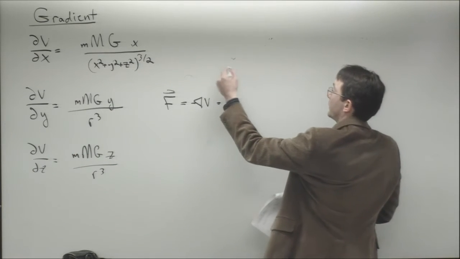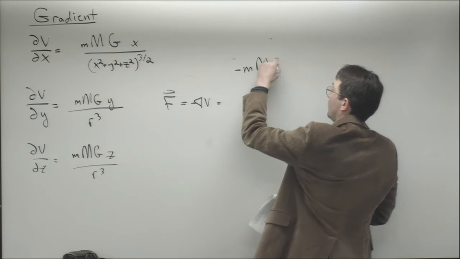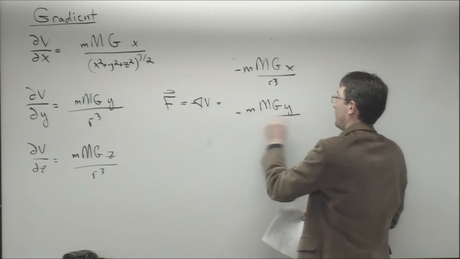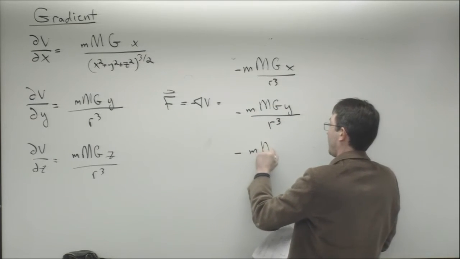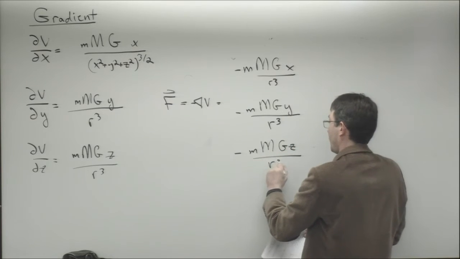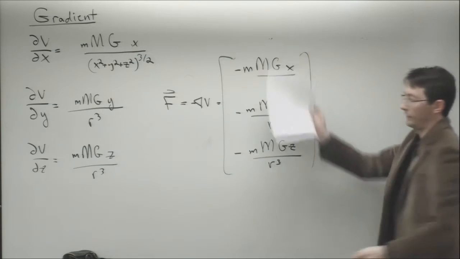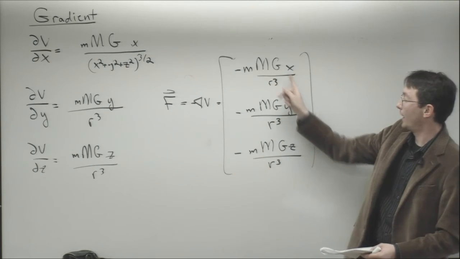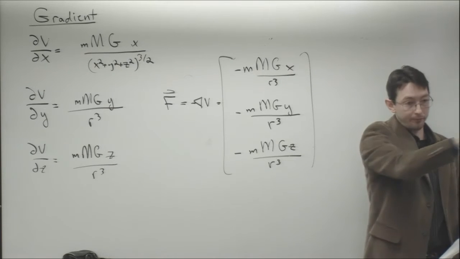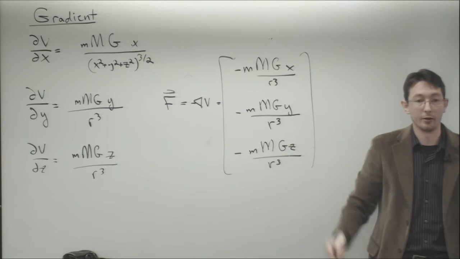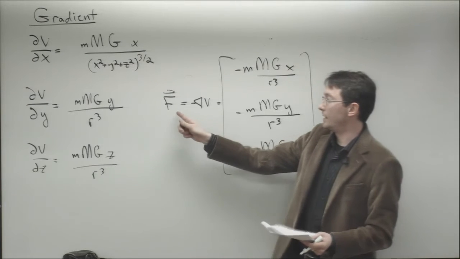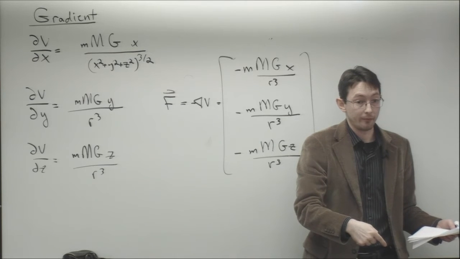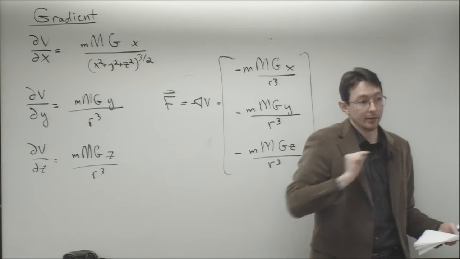And so this equals this vector field. So now, for every point in space, for every x, y, and z location you can name in the universe, or in the near-Earth universe at least, this is the gravitational force vector, and it points into the center of Earth. At all points, it points to the center of Earth.